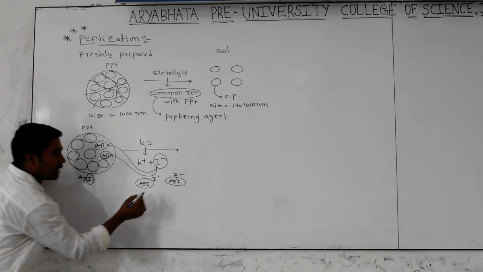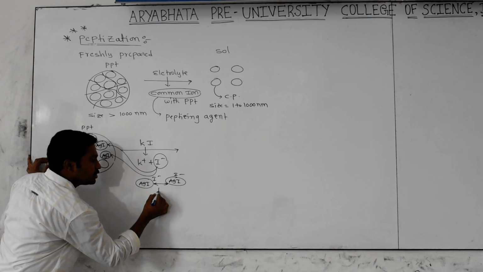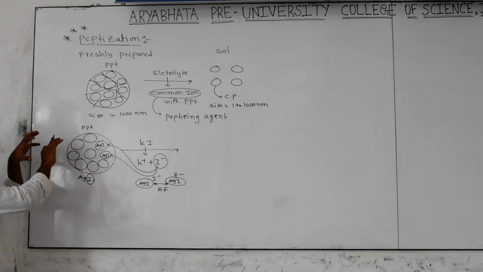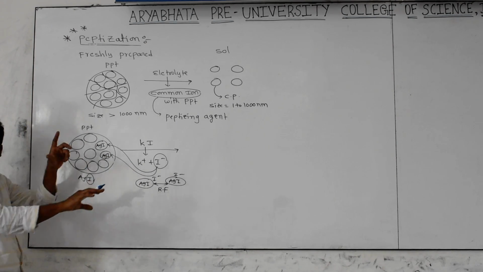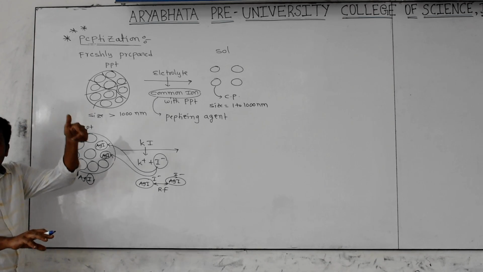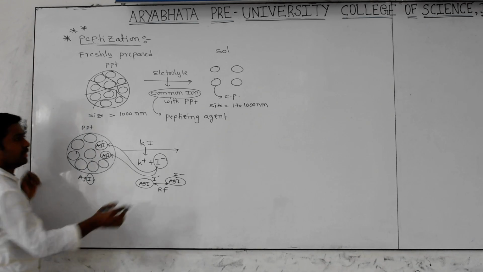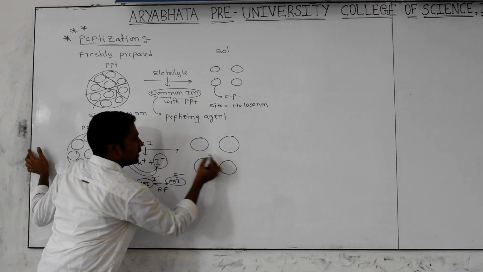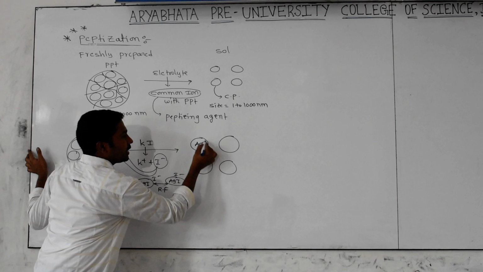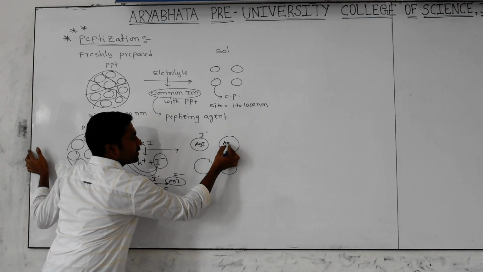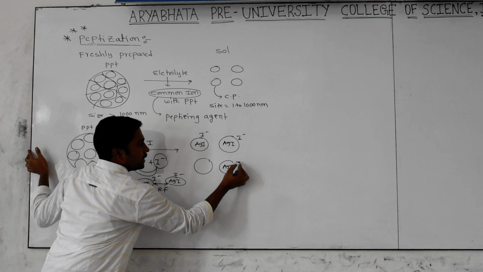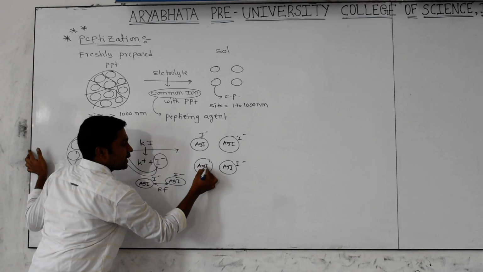No, why? Like charges always have repulsive forces. Then the whole material breaks down into smaller particles in the colloidal range. Then we get smaller particles, that is nothing but AgI. All the iodide particles carry negative charge. Are you getting it? Yes. Now we are getting it like this.